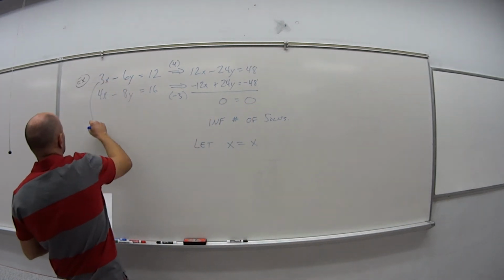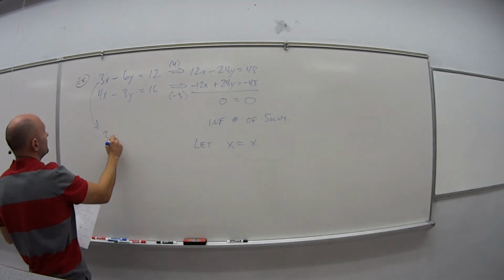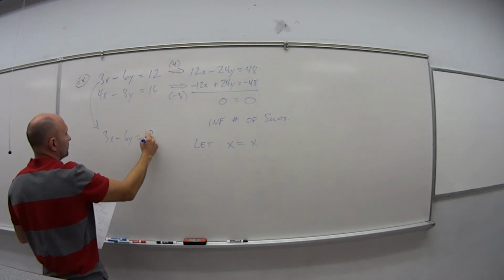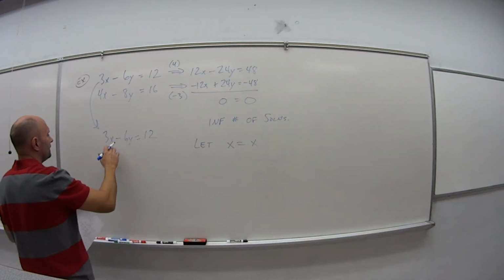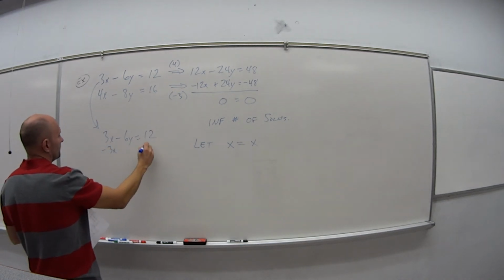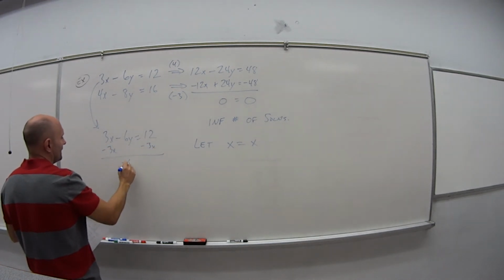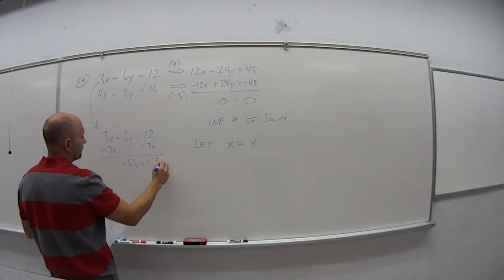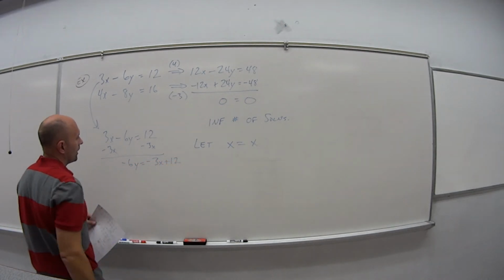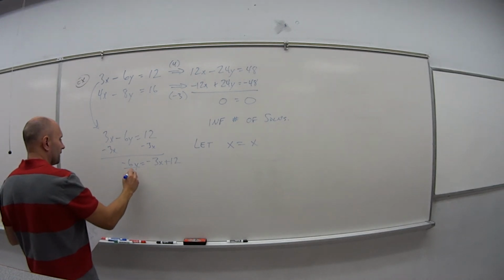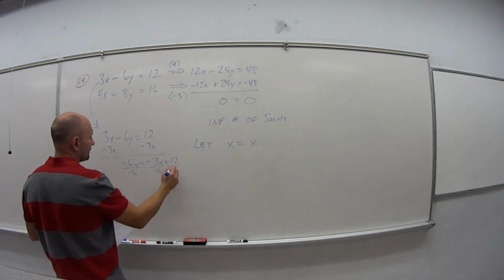If I pick the first one, 3x minus 6y is equal to 12, and I bring the 3x over, I get negative 6y is equal to negative 3x plus 12. So divide everything by negative 6.